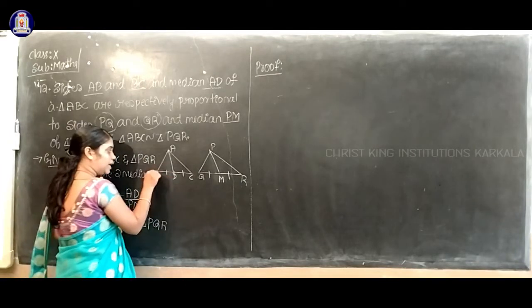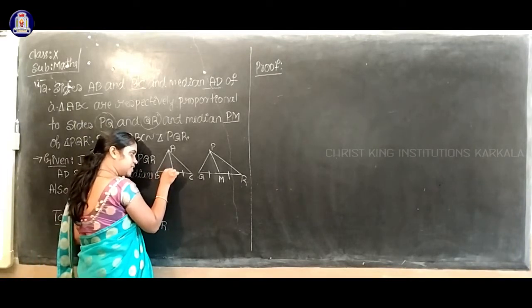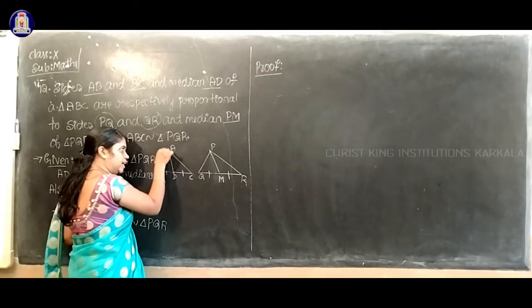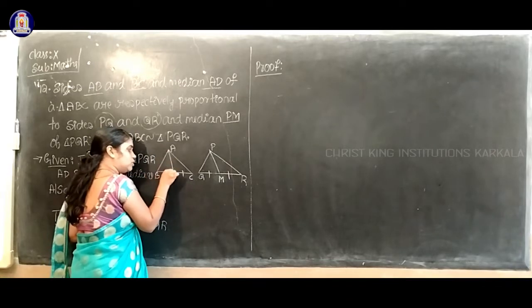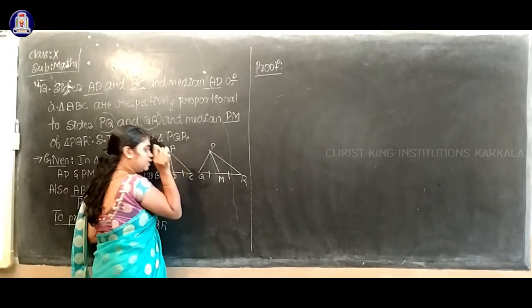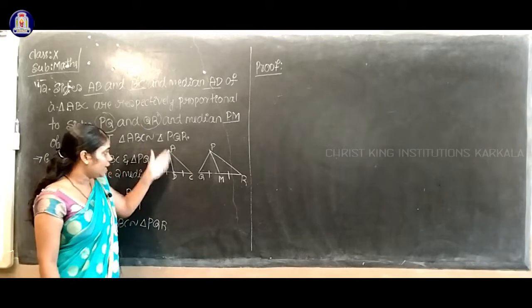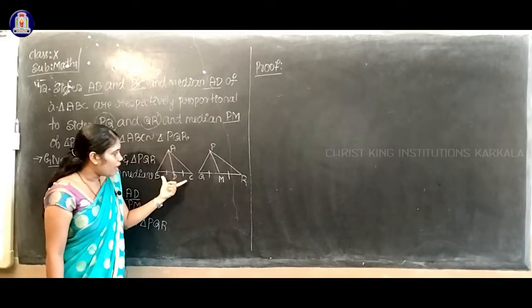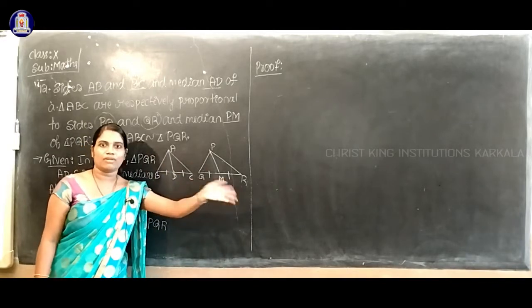That means the length of BD is equal to the length of DC. Reason: AD is a median. Remember, this median AD will divide BC into two equal parts.